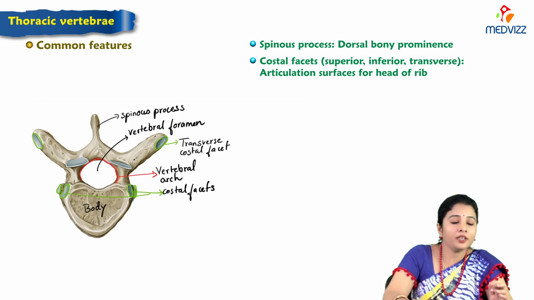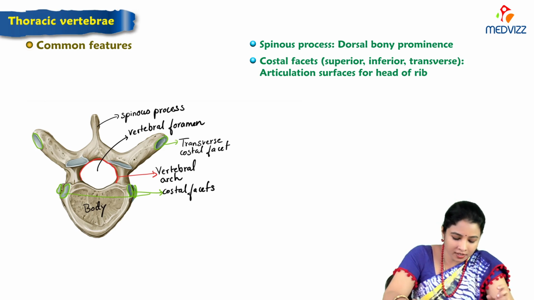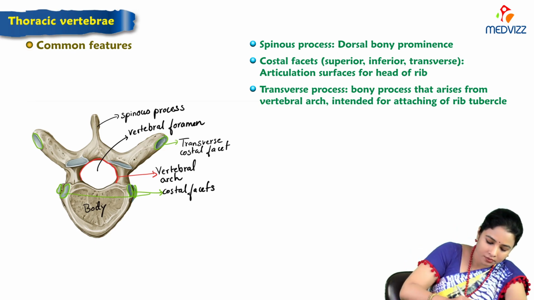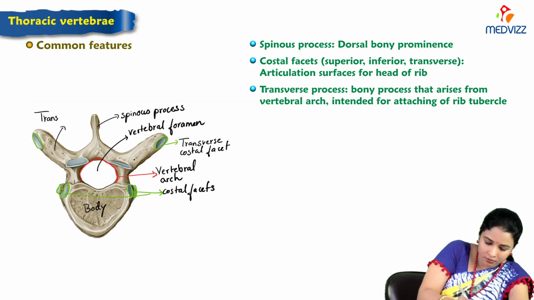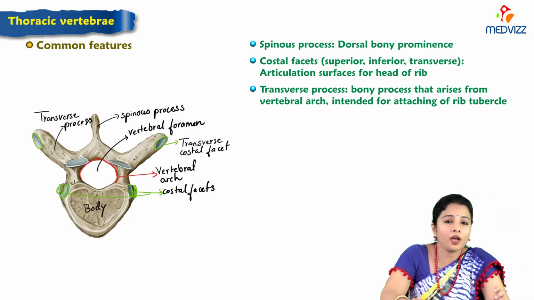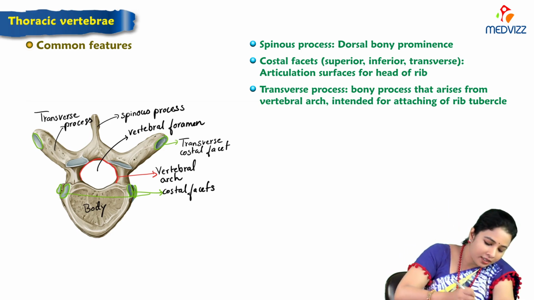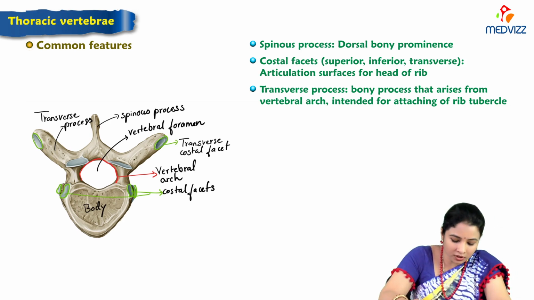These superior and inferior facets articulate with the heads of the ribs. The transverse process, the bony process that arises from the vertebral arch, is intended for attaching to the tubercle of the rib. So here the tubercle articulates with the transverse process at the transverse costal facet.